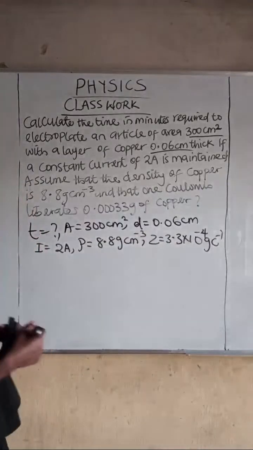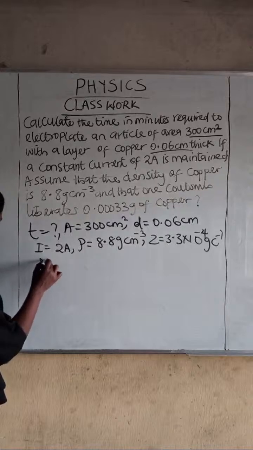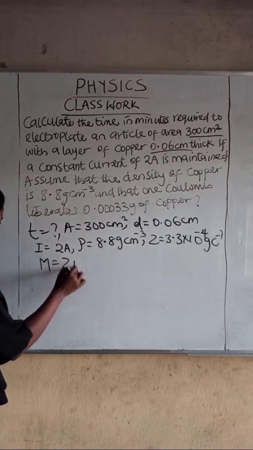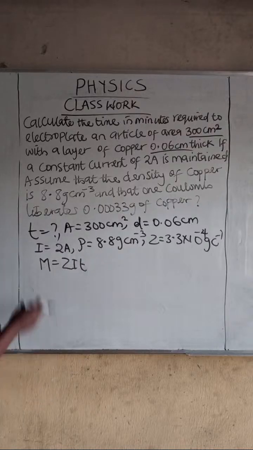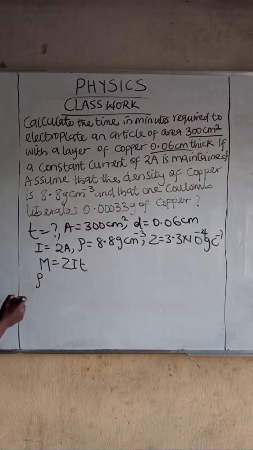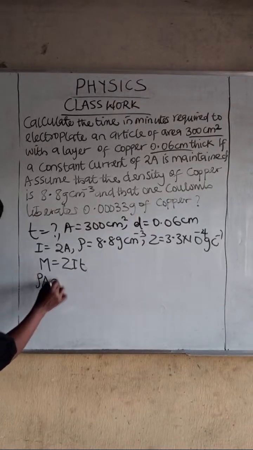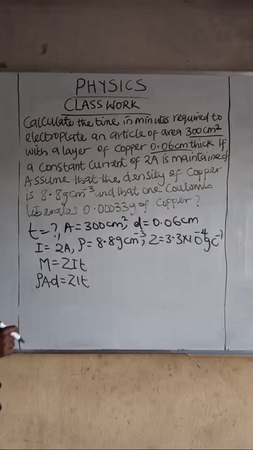Now, since we are looking for time, we are going to remember to use M is equal to ZIT, right? Now, my M is also equal to density times area times thickness, which is equal to ZIT, right?